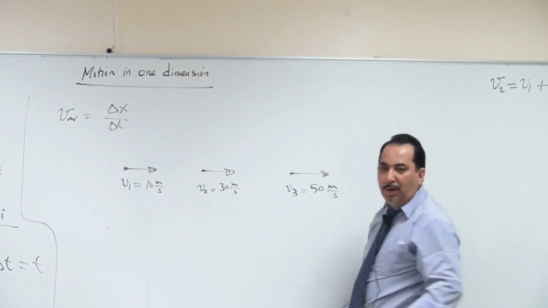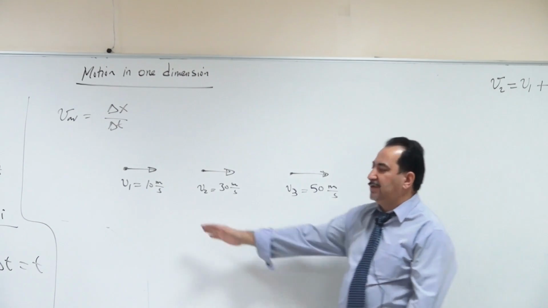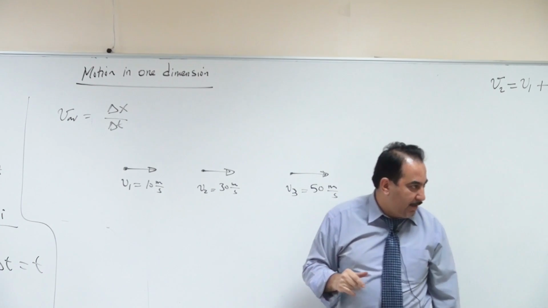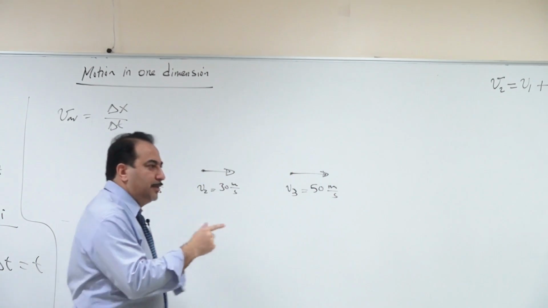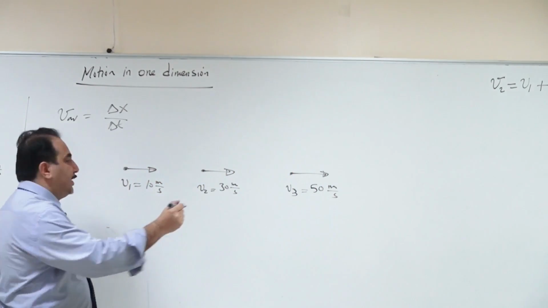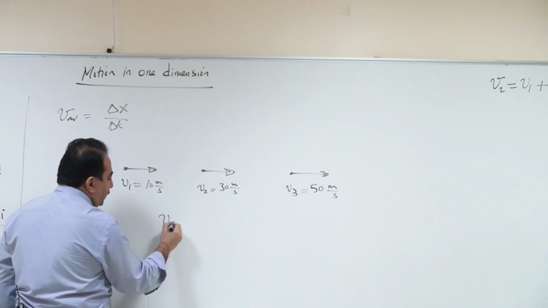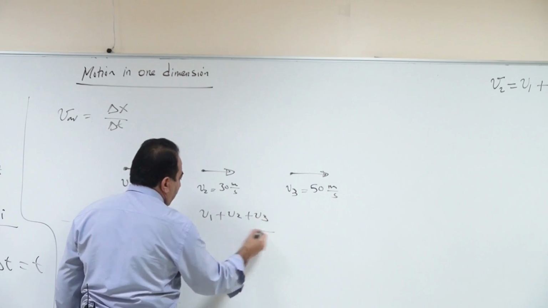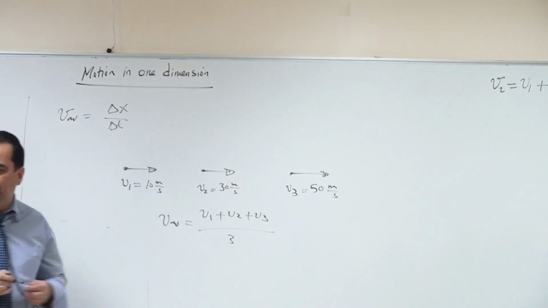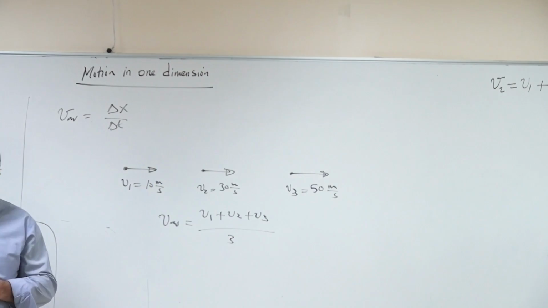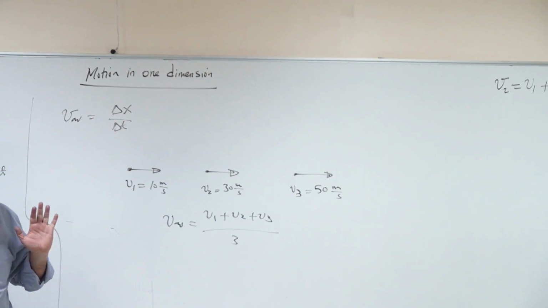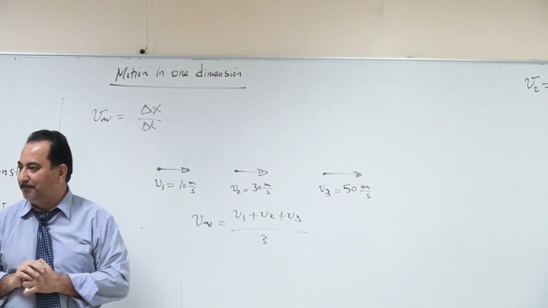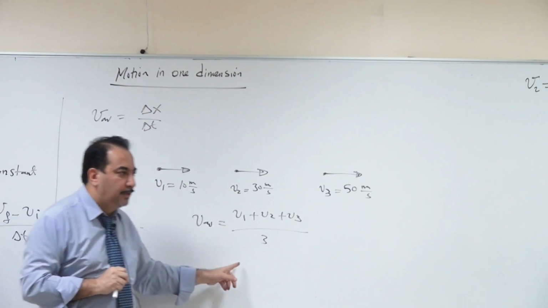Now, I was hoping that one of you says that the average here is V1 plus V2 plus V3 over 3. Do you agree with that? Nora? Lena. So Lena says the V average is V1 plus V2 plus V3 over 3. Yeah? That's what she said, not me. This is another common mistake. This is very wrong.